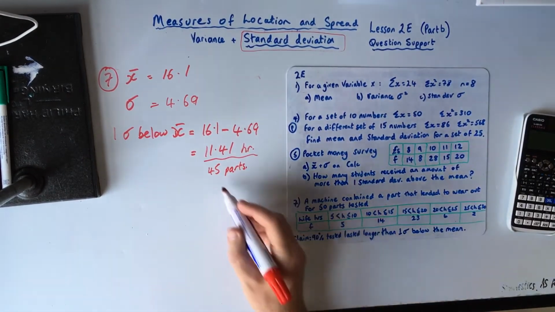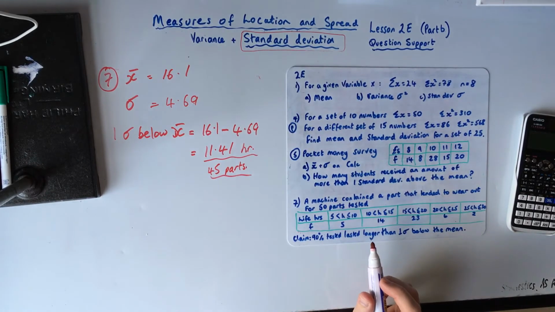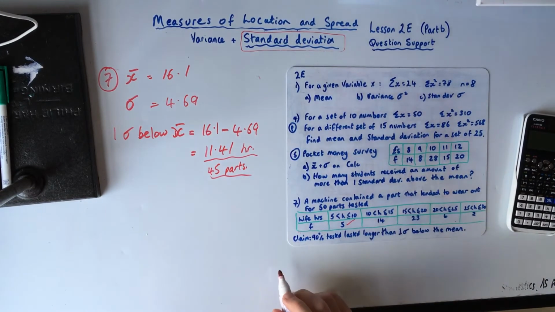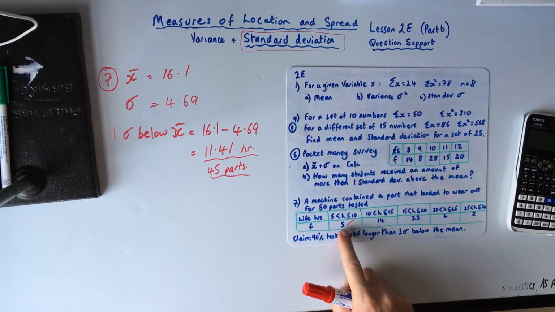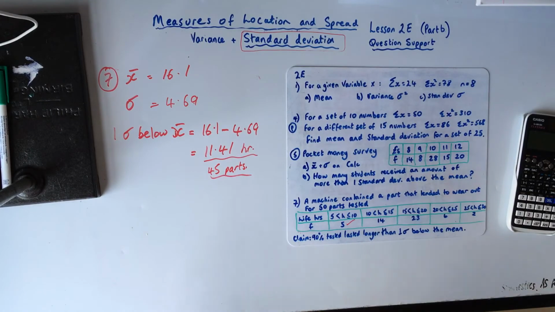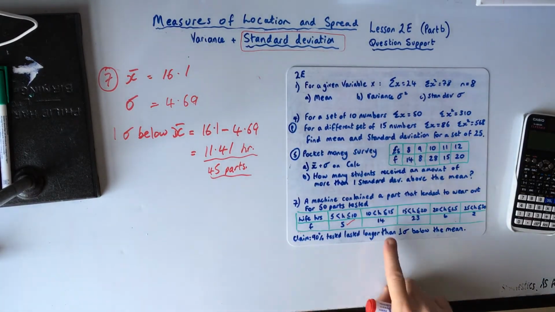So 45 parts lasted more than 11.41 hours. Okay, I doubt whether that is going to be right, actually, because now we can see that there's already 5 parts in this first group that lasted less than that. So it's not going to be right, but let's work out so we can say why it's wrong.